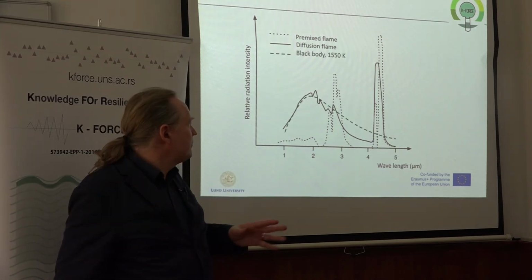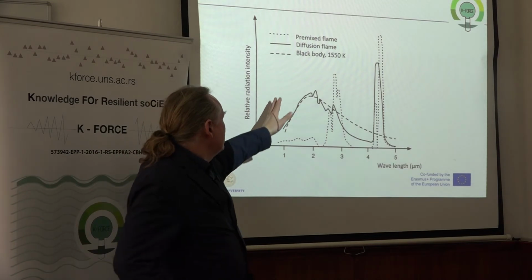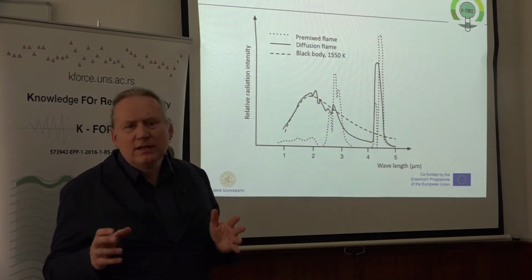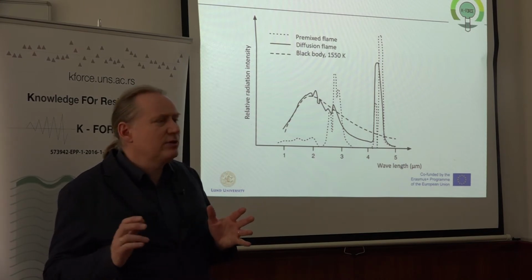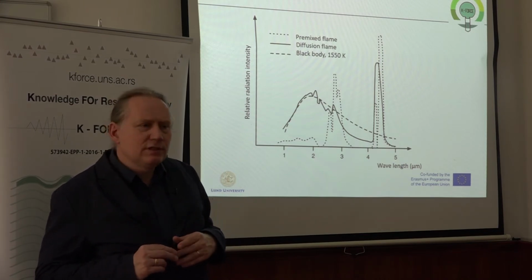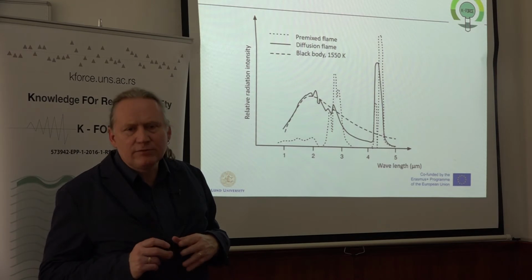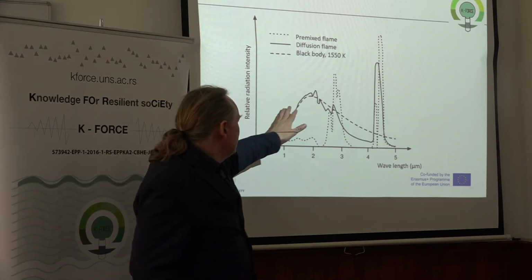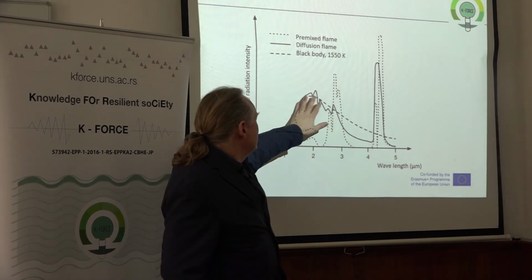And just to explain a little bit better, if you look at black body radiation, so that means radiation from a perfect black body at 1550 Kelvin, which is typically the temperature in the flame, then you will see this pattern.